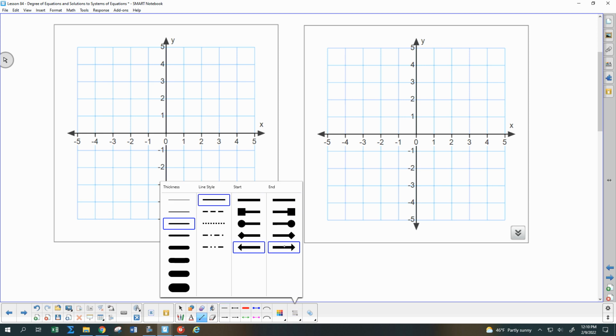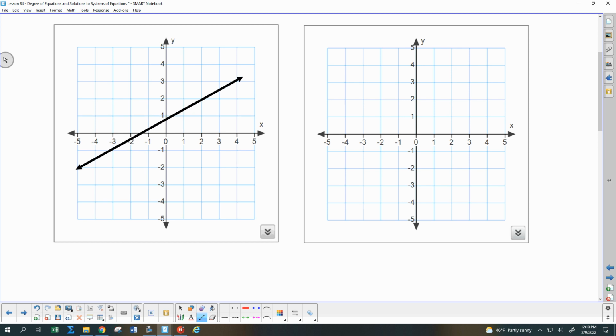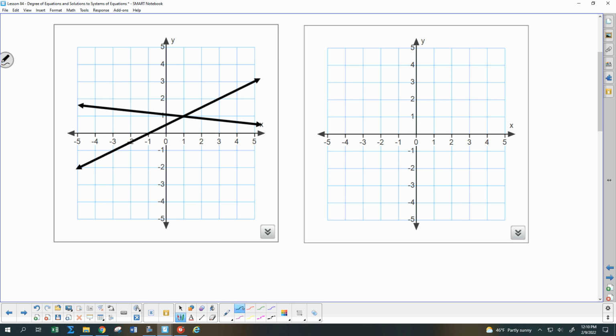So I might have, I don't know, one line like this, and I might have another line, something like that, and they cross at 1 point. And you just told me that those have one solution, and it's some point.